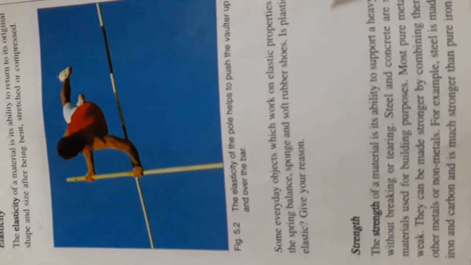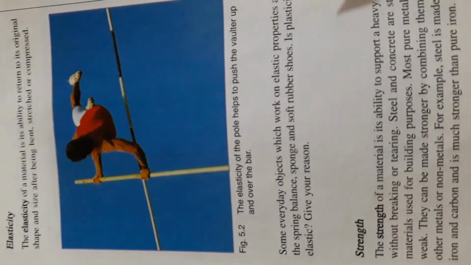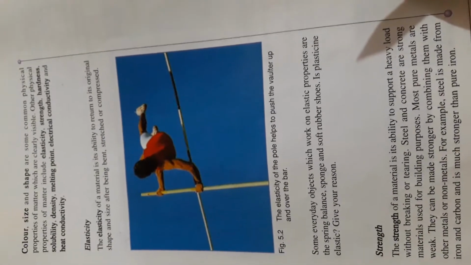Now they're saying that to check if the strength of any matter is weak or strong, we check its stability and support, and we check whether it is breakable or not, tearable or not, and it tells us about the strength of that material.